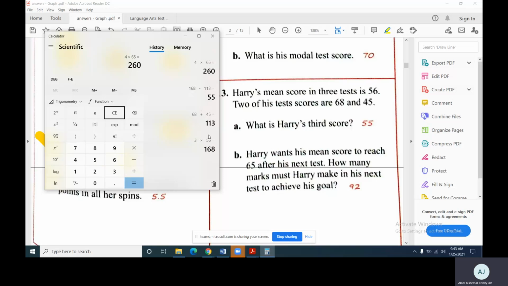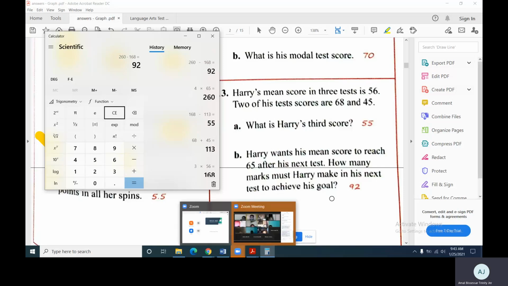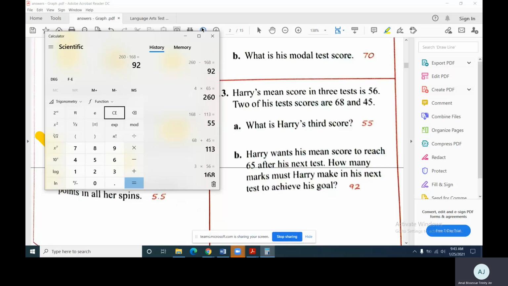So please bear with me because 168 is the 3 tests. And after doing 4 tests, he has to make 260. So 260 minus 168, he would need to make 92 in the next test in order to get that mark.